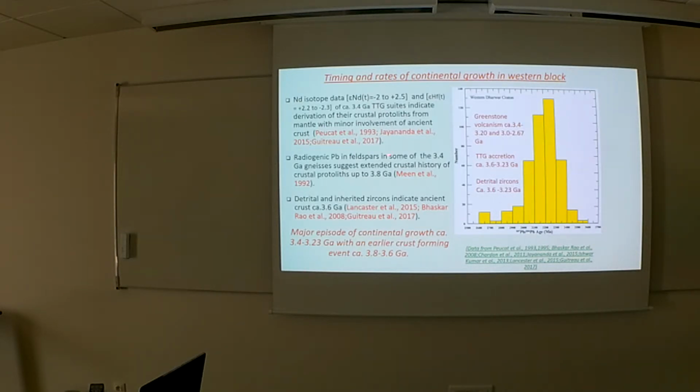So that means we have old crust. In fact, we have only a few dates in the western block. We don't have many dates. I think more careful sampling and more dating may reveal older crust.